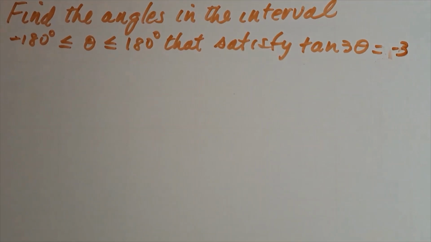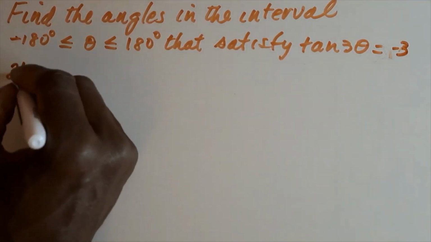Hello. Find the angles theta in the interval from minus 180 degrees to 180 degrees that satisfy tan 3 theta is equal to negative 3. Well, tan inverse of negative 3 will give us minus 71.5 degrees.